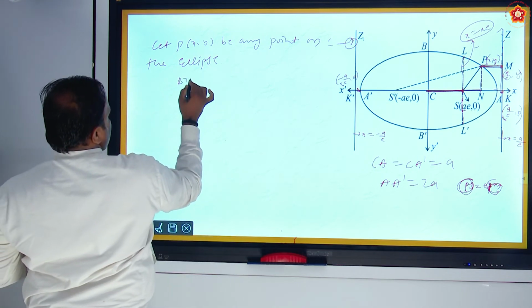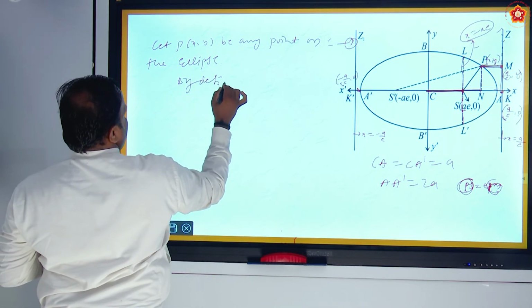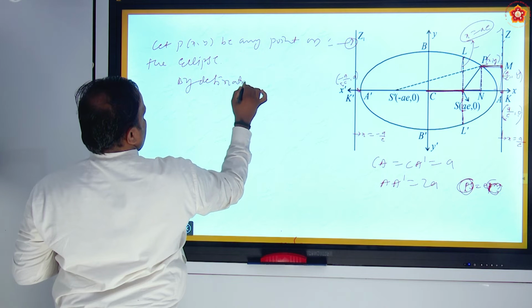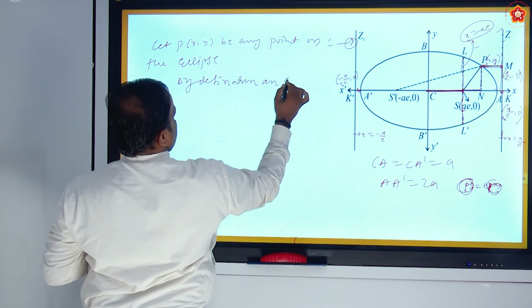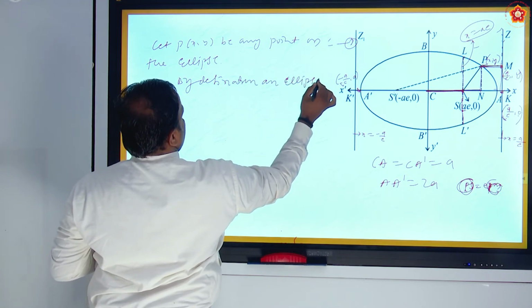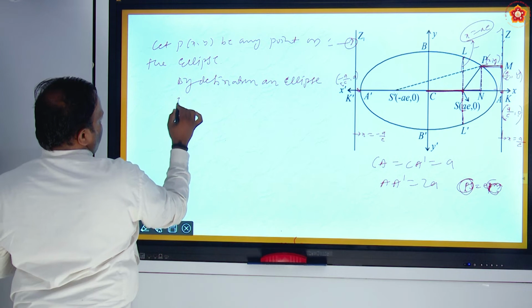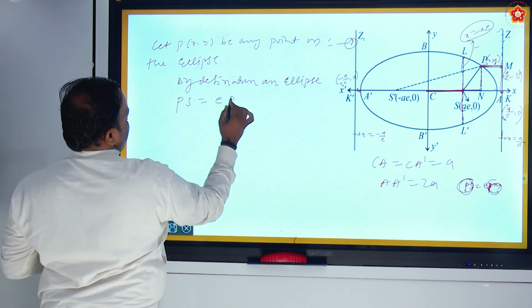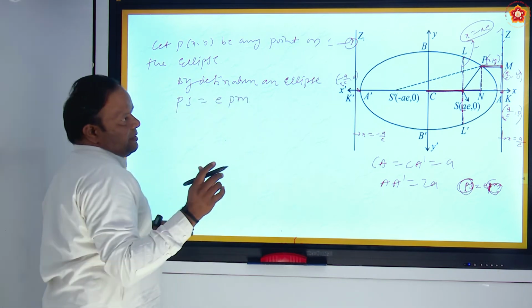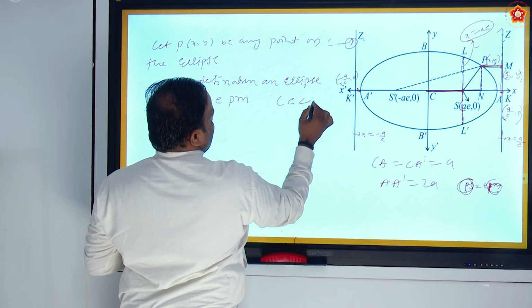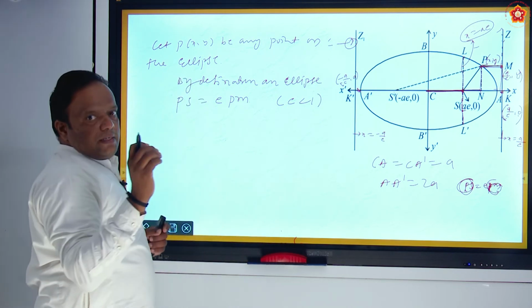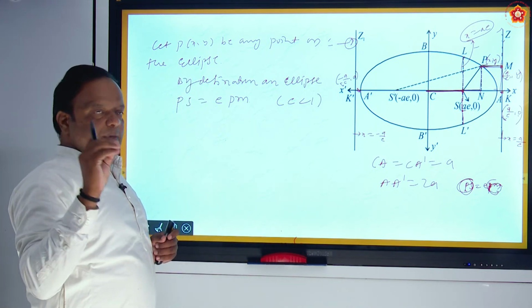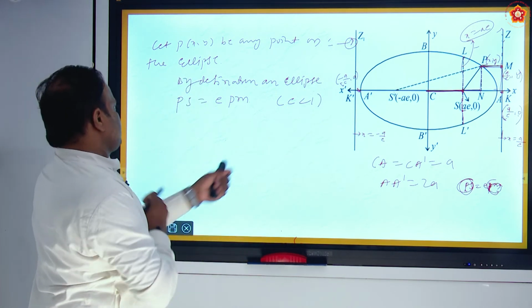By definition of an ellipse, PS is equal to e times PM, where e is less than 1. In later steps you have to write the values instead of expressions. E is less than 1 here.